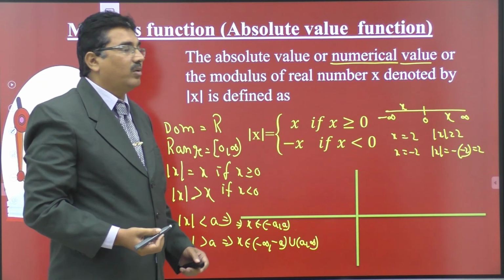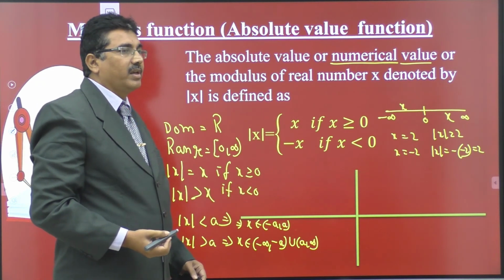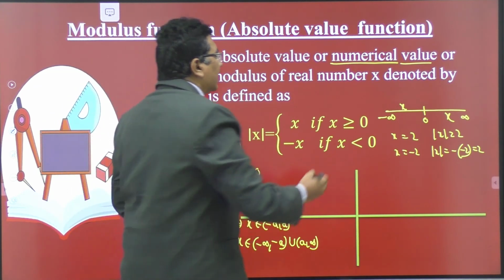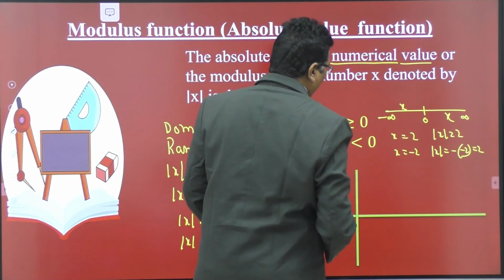Now see the graph. For mod x, y is equal to x if x is greater than or equal to 0.